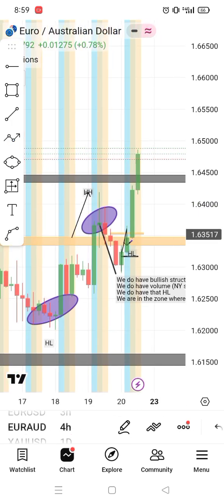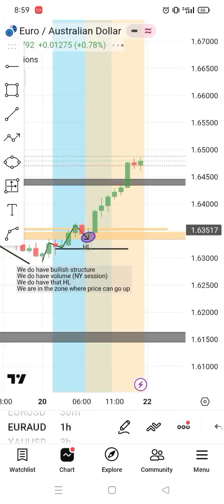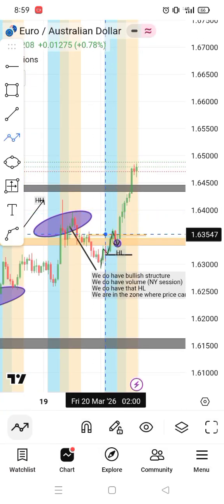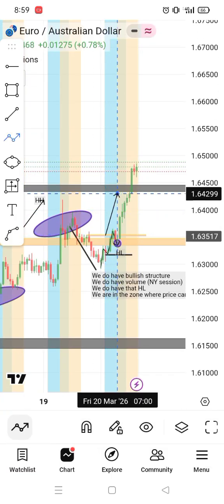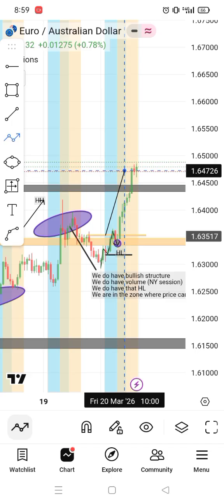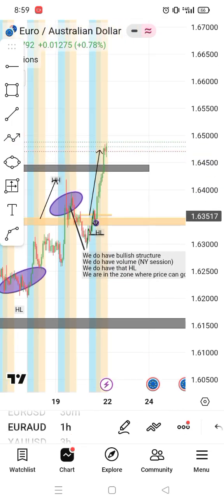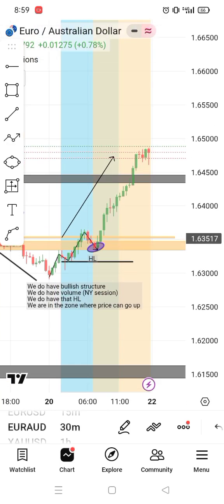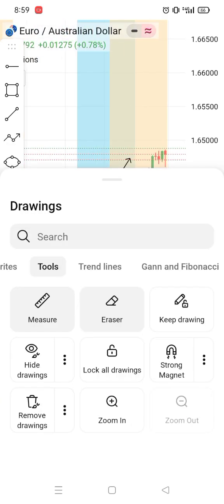So that's basically what price did. After that higher low that was created, price went from this orange box to this level and ended up making that new high in the market. So our entry looked like this, as you can see a moment ago.